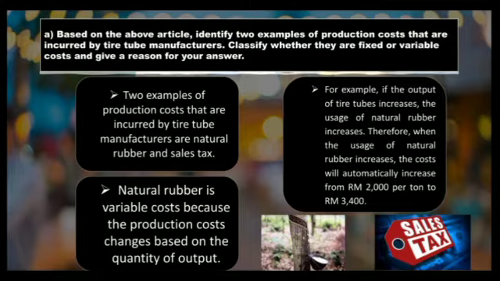Natural rubber is a variable cost because the production cost changes based on the quantity of output produced. As we can see, 4 months ago, the price of natural rubber had increased from RM2000 per ton to RM3400. So, we can conclude that if the output of tire tubes increases, the usage of natural rubber increases, and when the usage of natural rubber increases, the cost automatically will increase.